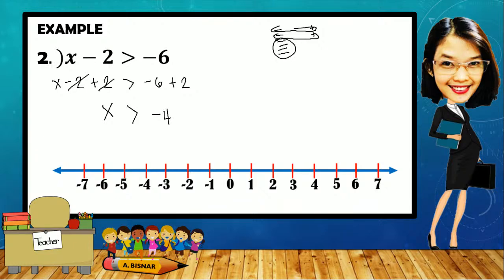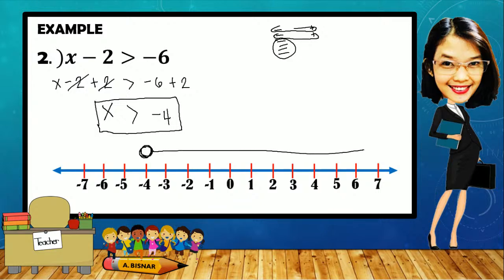Negative 4. So, the answer will be x is greater than negative 4. So, hahanapin natin yung negative 4. Ito siya. So, we will use circle with no shade. And then, papunta sa kanan.